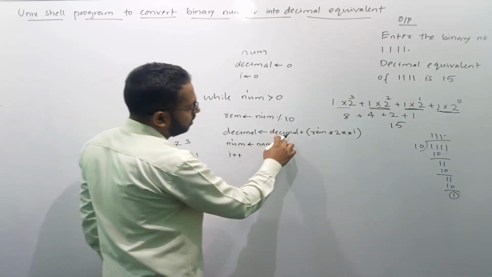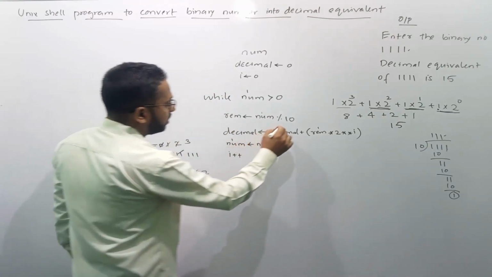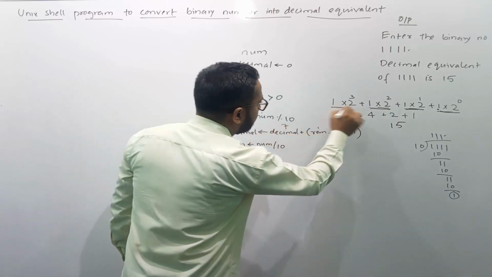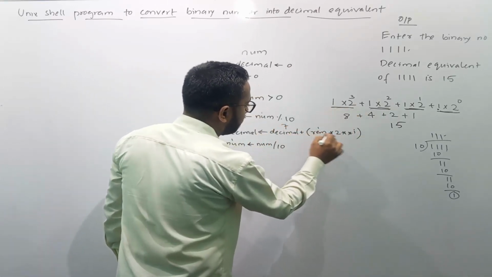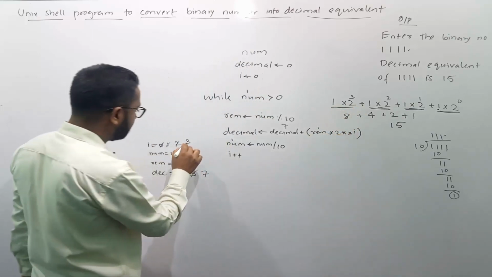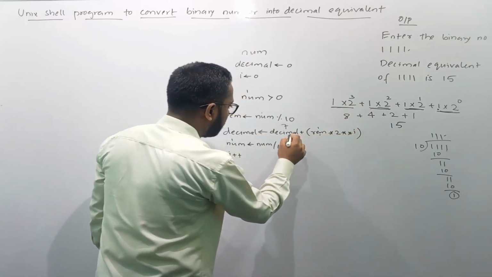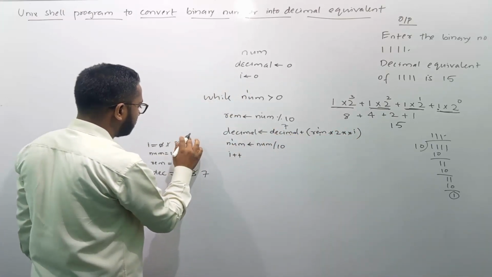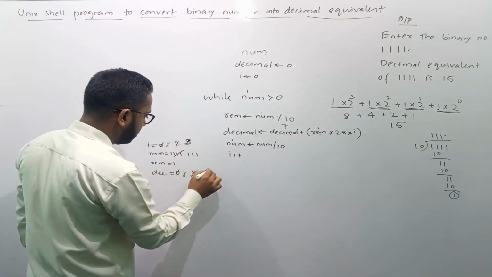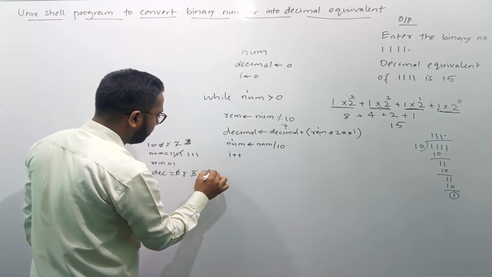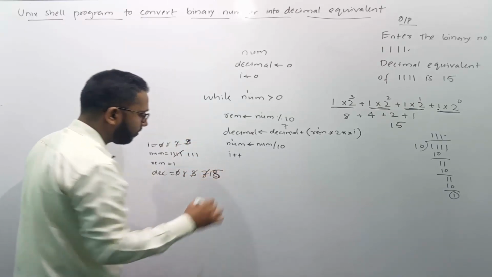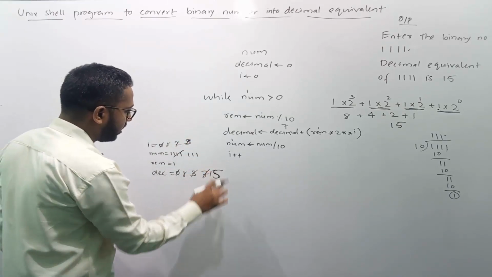Next, decimal value was 7 plus, now we are performing this last step. Okay, remainder is 1, 1 into 2 raised to I is 3, 2 raised to 3 which is 8, 8 into 1 is 8, plus 7 is 15.